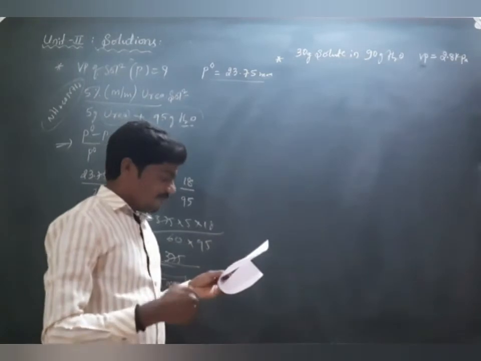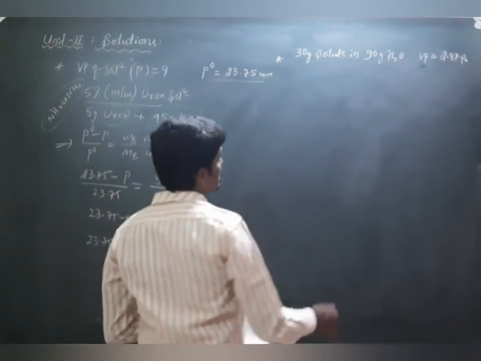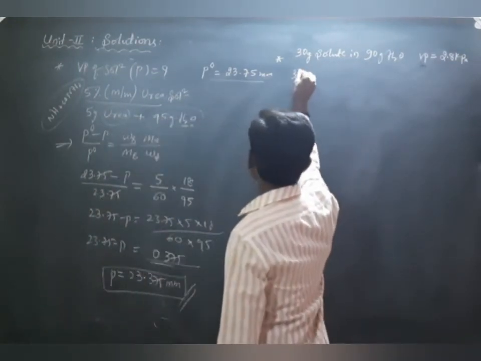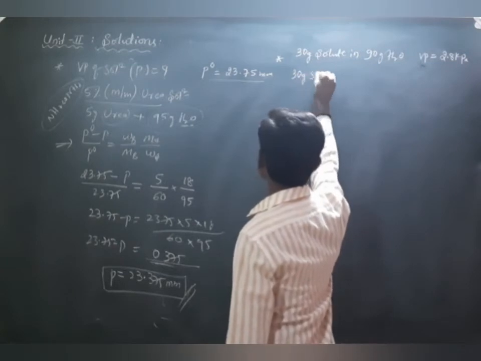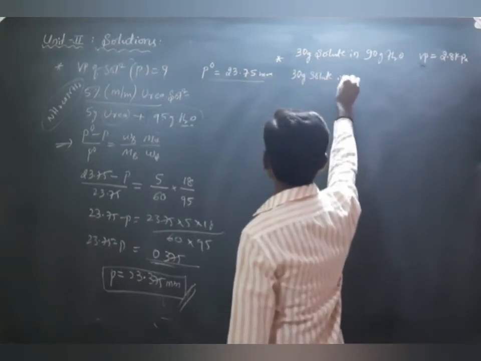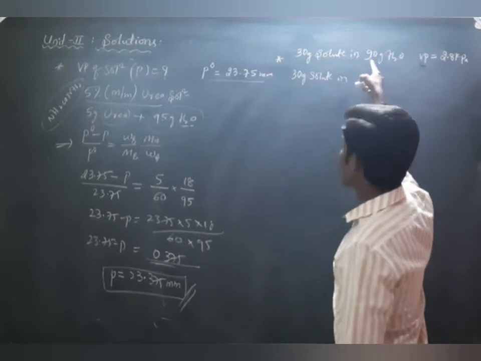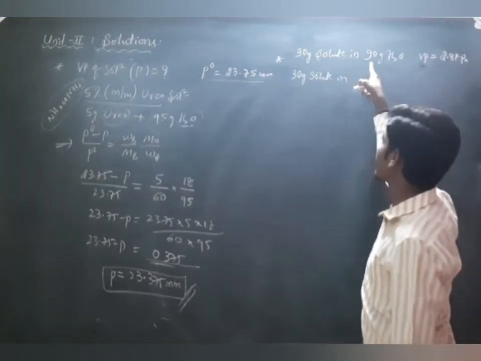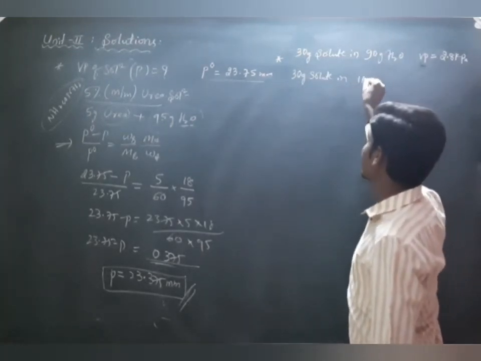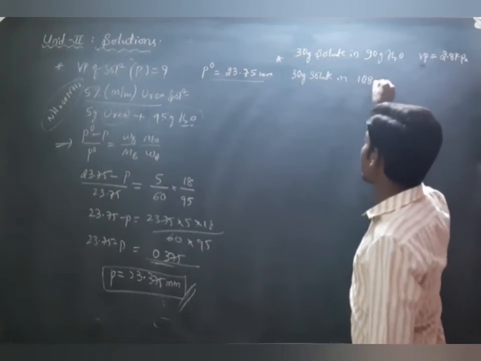Now, further 18 gram of water is added, so your solute remains the same, 30 gram of solute as it is. When 18 gram is added, the total water becomes 108 gram.